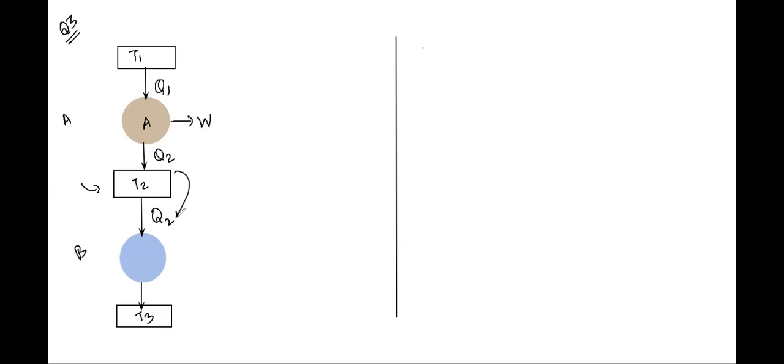And then we are rejecting Q3 heat into the final reservoir. So we have one reservoir, a second reservoir, and a third reservoir. Now, the question says the work done by engine A is W1 and the work done by engine B is W2, and that W1 is equal to W2.